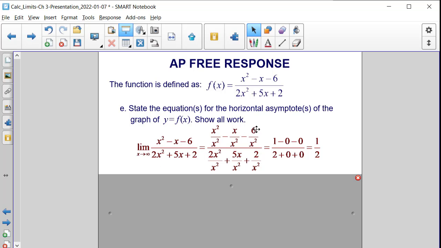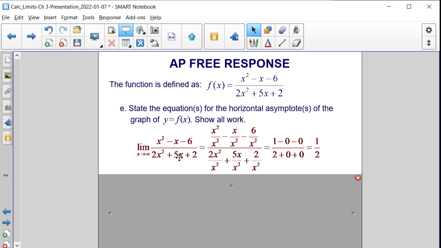We would get 6 over x squared, and as x approaches infinity, that also approaches 0. We would get 2 plus 5 over x, and as x approaches infinity, that approaches 0. And then we would get 2 over x squared, and as x approaches infinity, that approaches 0. So then that simplifies to be y equals 1/2 as our horizontal asymptote.